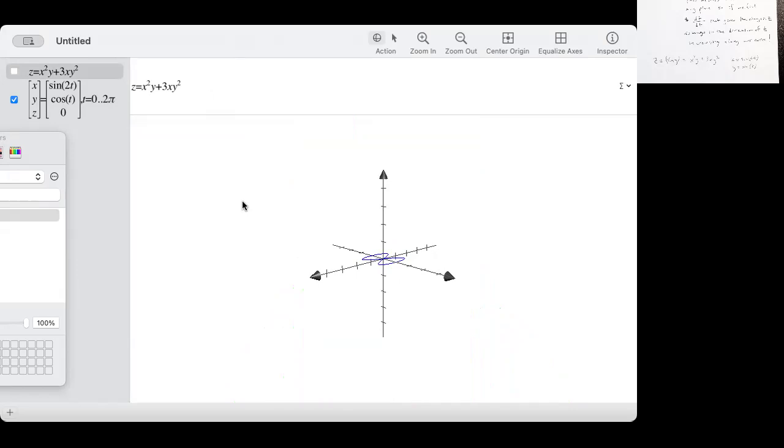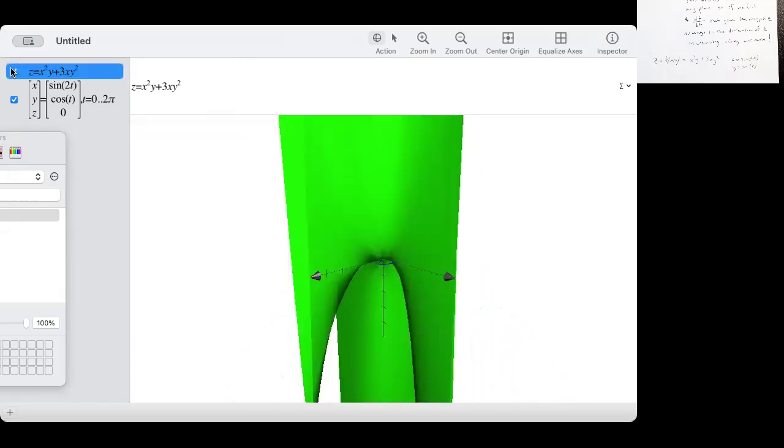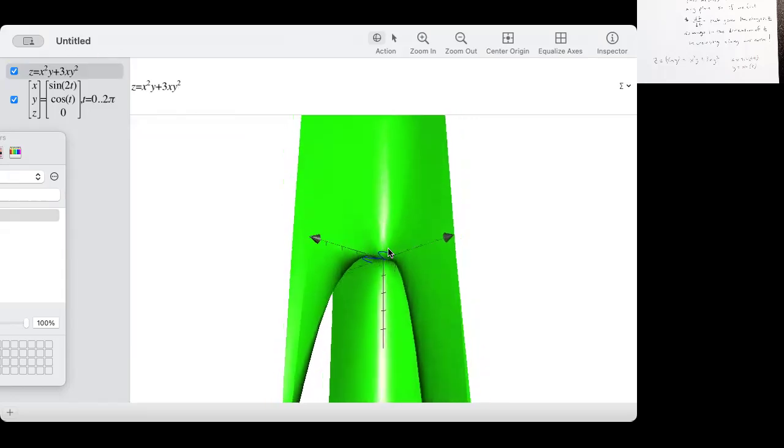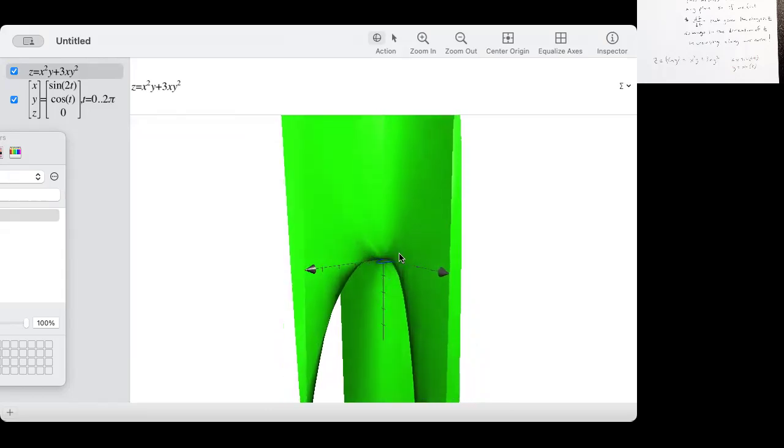And now the question is, as I walk along this curve, am I going uphill or downhill? So I need you to imagine, and this is the hard part, we're going to take this curve and move it up or down until it hits the green surface. So this loop that's visible right here is going to kind of get smeared up here.